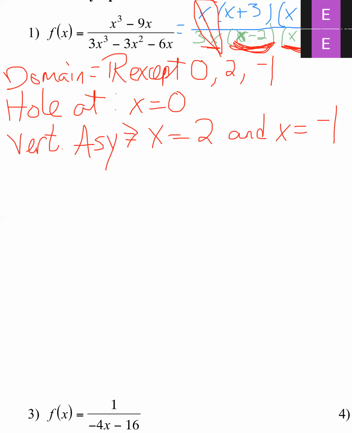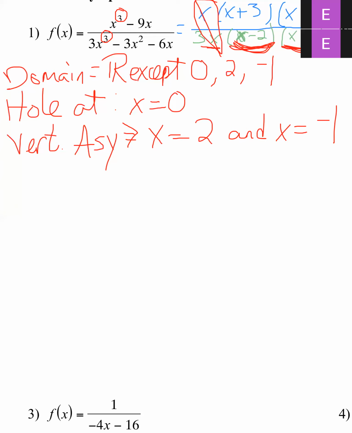And then the last thing we have to worry about is horizontal asymptotes. So in order to do this, you're going to take a look at your original function and compare the degree. So I have the degree of 3 in the numerator and 3 in the denominator. So in this case, the degrees are equal.